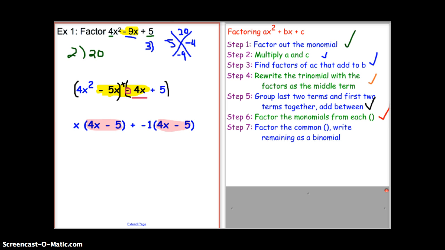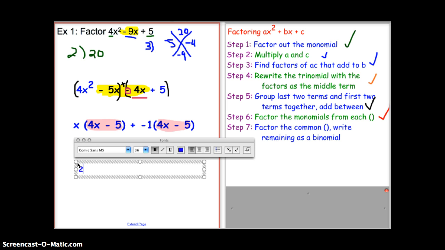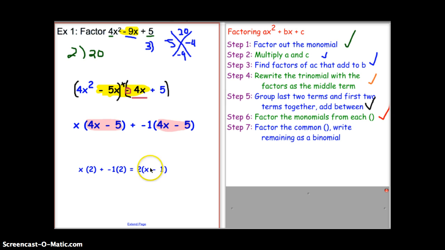So, for example, if I had something like x times 2 plus -1 times 2, I could go ahead and pull that 2 out front and make that 2 times x minus 1. We're essentially doing the same thing here, but instead of pulling out a 2, I'm pulling out a 4x minus 5.